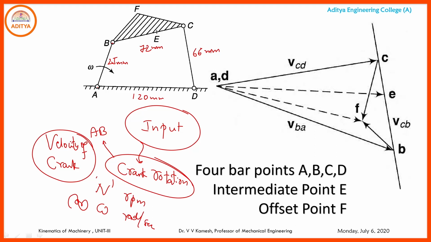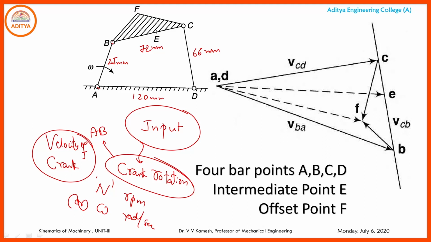Like this, the length parameters will be given to us initially. From these length parameters, we will first construct ABCD with the geometrical construction procedure. Then N RPM or omega in radians per second will be given to us as an input.